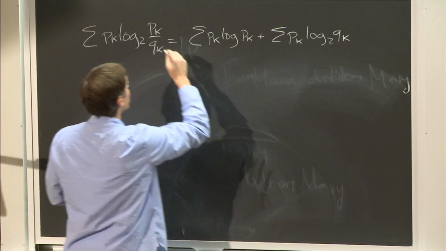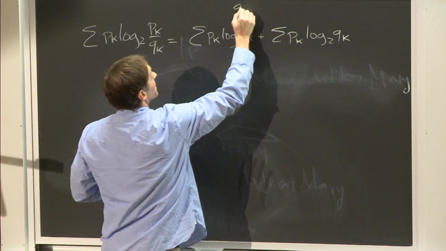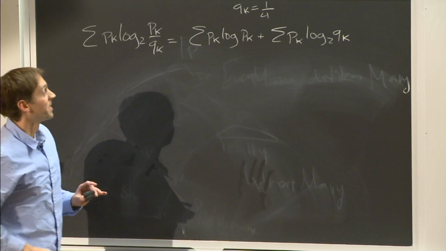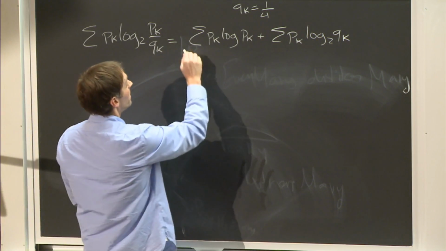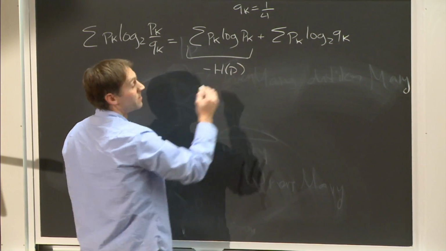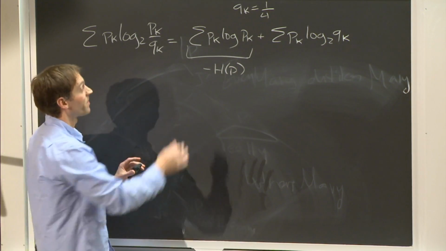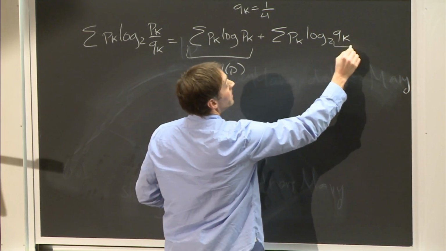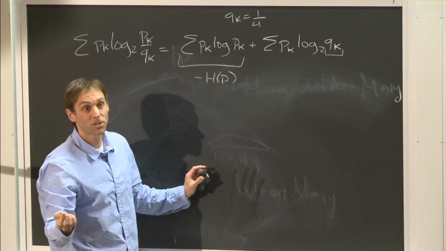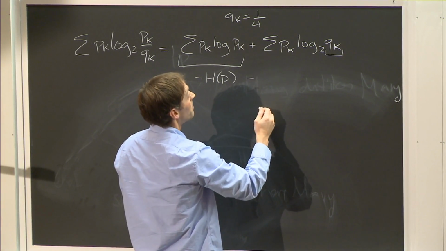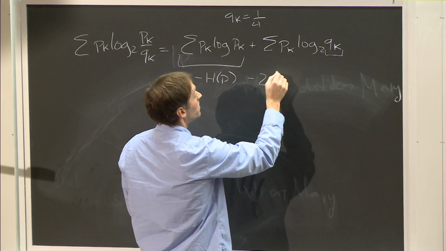Okay, and then the special case that we're dealing with here is that QK is equal to a quarter, if we're dealing with the simplest case of a one base motif. And so you recognize that's minus H of P, right? H of P is defined as minus that, so it's minus H of P. And this here, that's just a quarter. Log 2 of a quarter is minus 2. You can take the minus 2 outside of the sum.